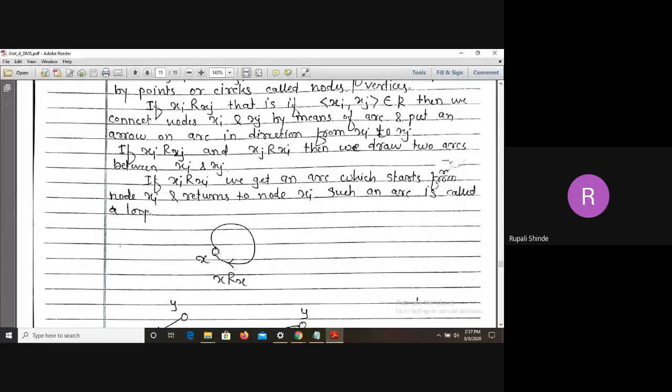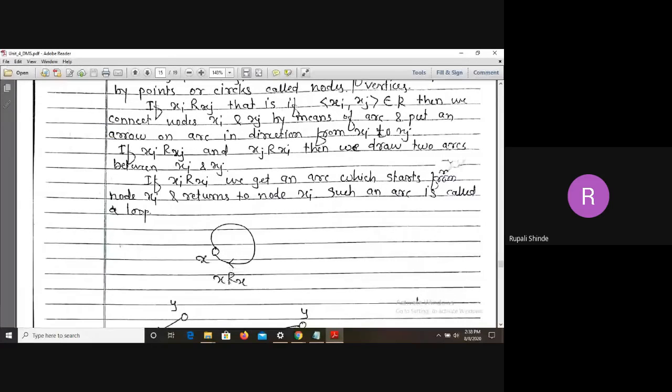So x is the element here, that's why we represent it by a circle. Now x has a relation with element x itself, so we have to draw an arc starting from x and ending at x only, because that order pair is x comma x. That's why we have represented that order pair using this graph. So what is the meaning of this?